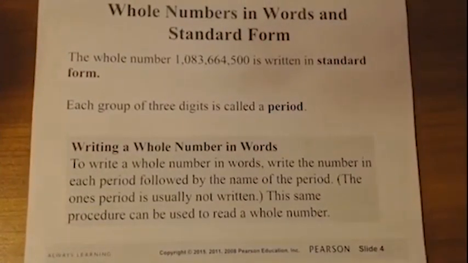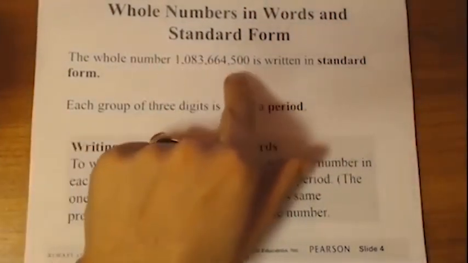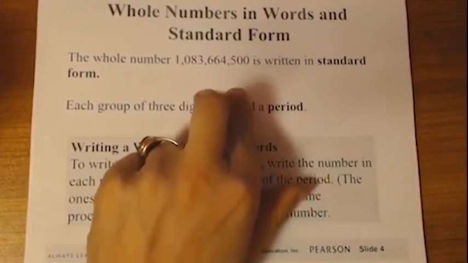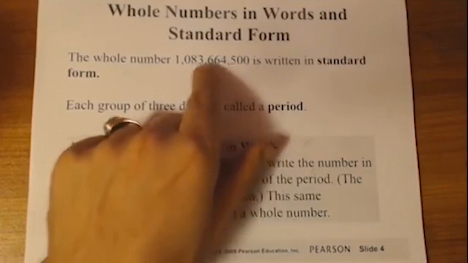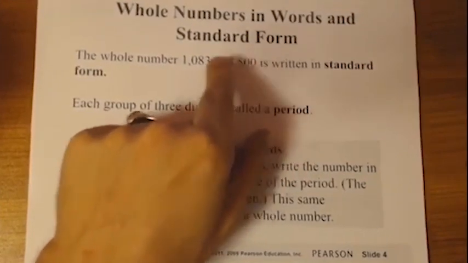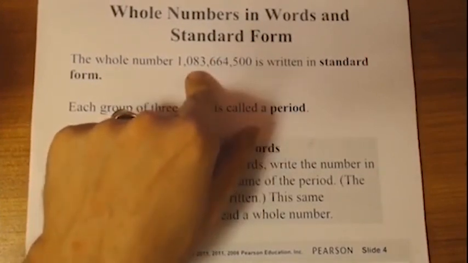When we have a number written out with digits, we say the number is in standard form. Now, remember, each of these is called a period. This would be the ones period. This would be the thousands period, the millions period.